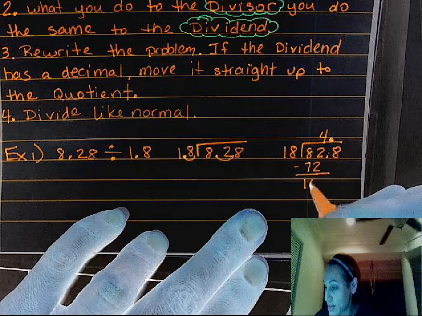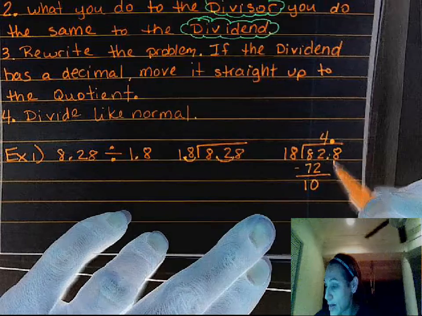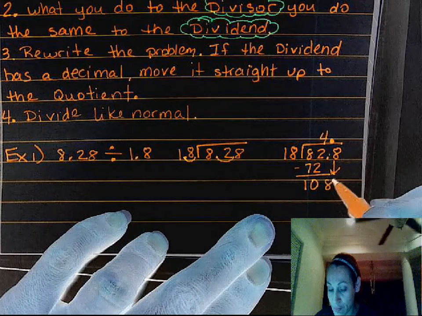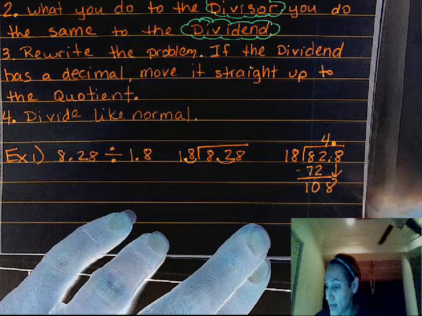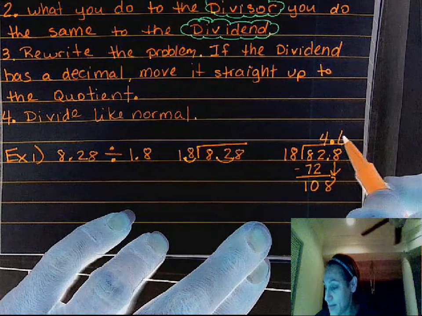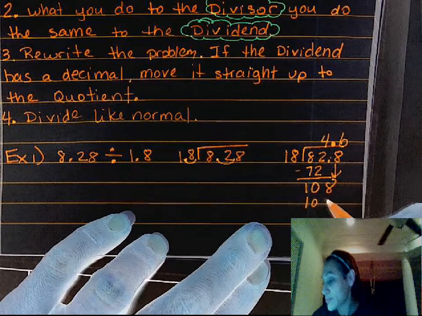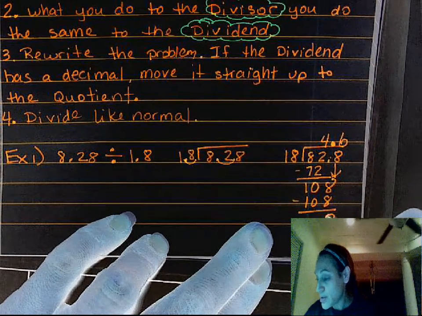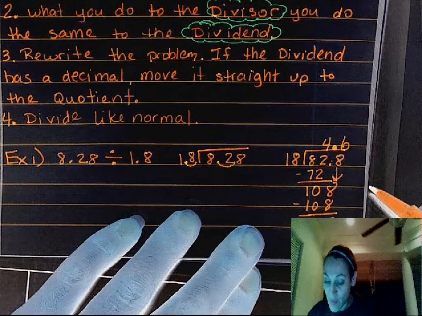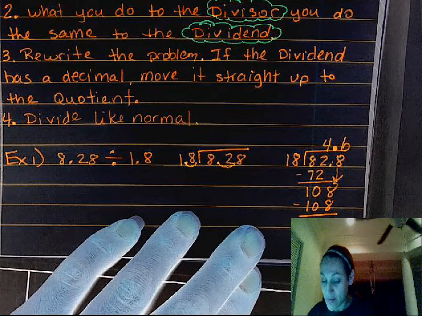You subtract that, that's 10. Then you're going to bring down your 8. And 18 times 6 is 108. And it's going to zero out right there. So my answer is 4 6/10.